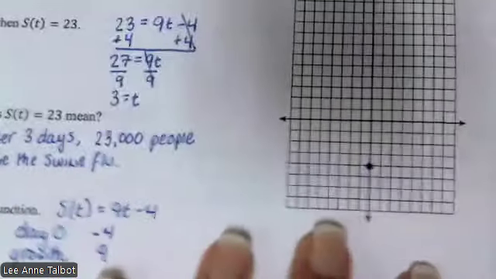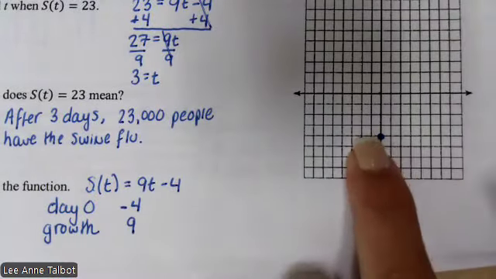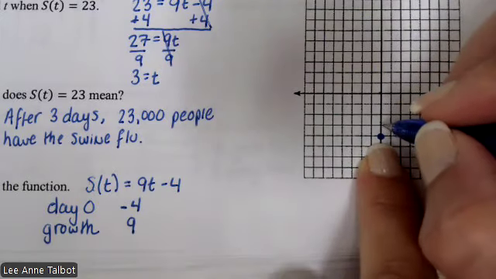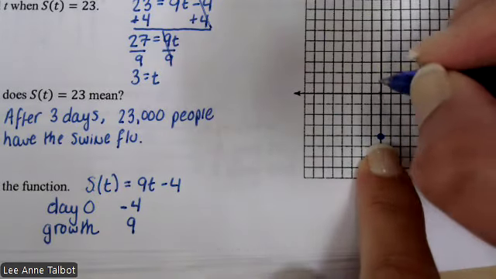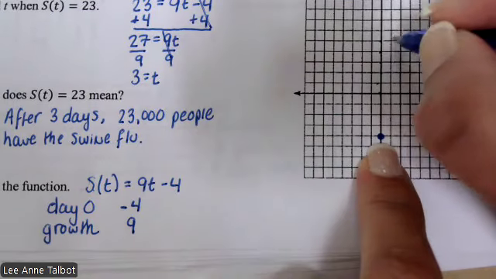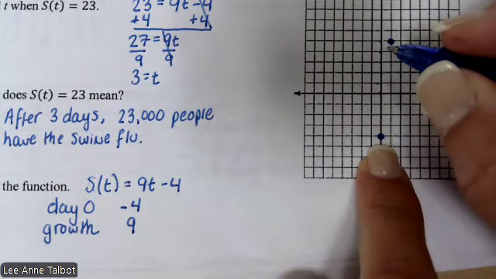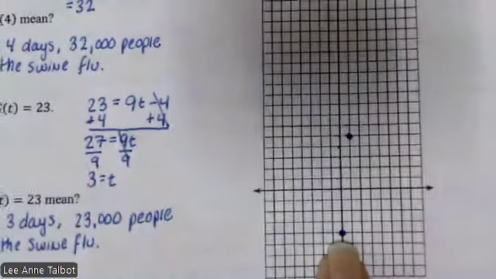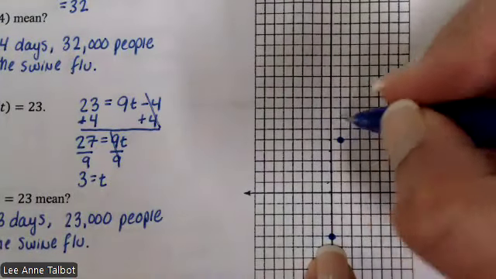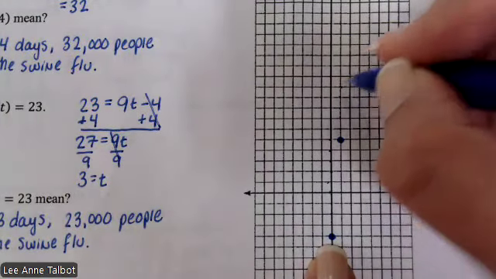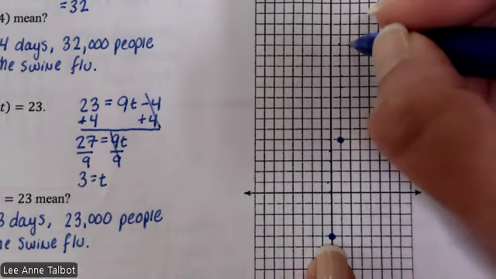Okay, so what you're going to do, you're going to go from your dot and go up 9 over 1. Because in one day, it would be 9,000 more people. And then keep going, up 9 over 1.